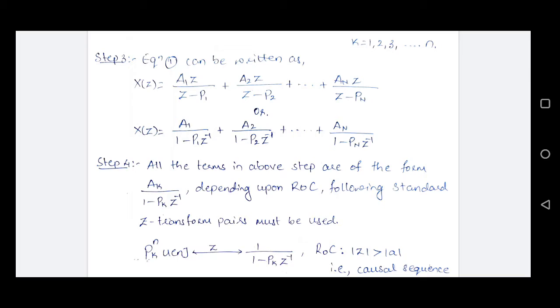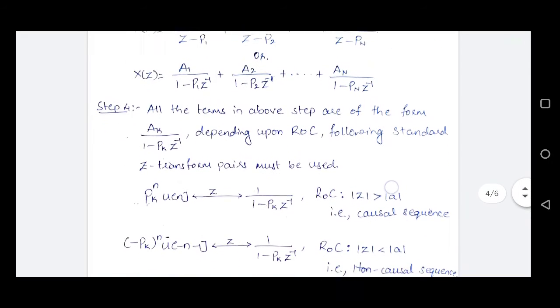And in step number 4, each of the terms represented above is of the standard z transform form, A_k divided by 1 minus p_k z inverse.